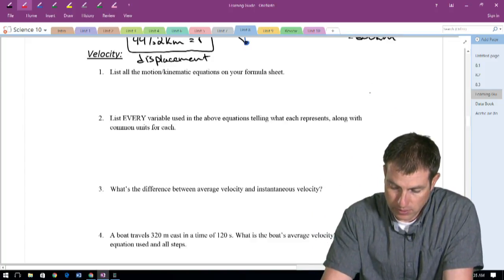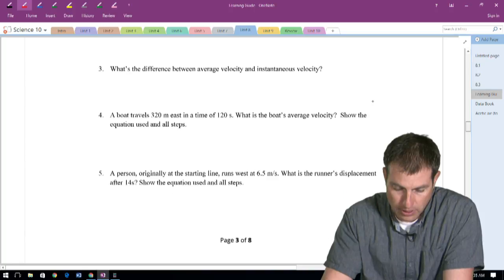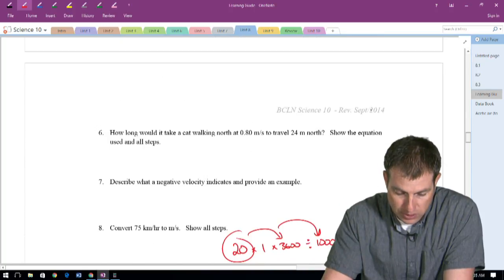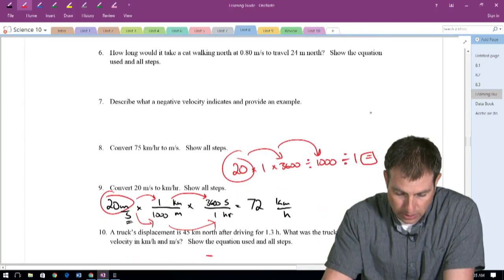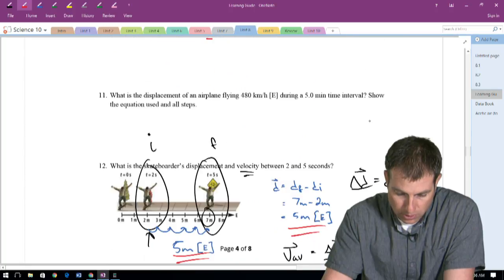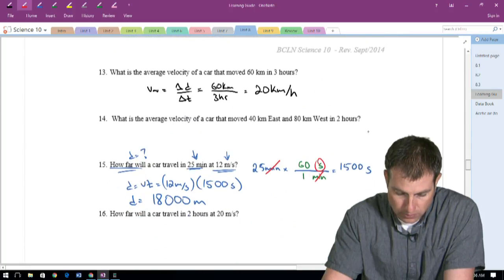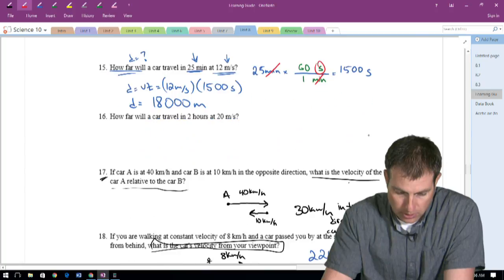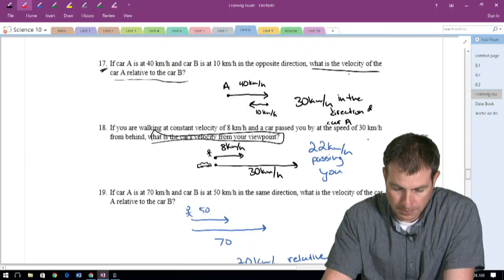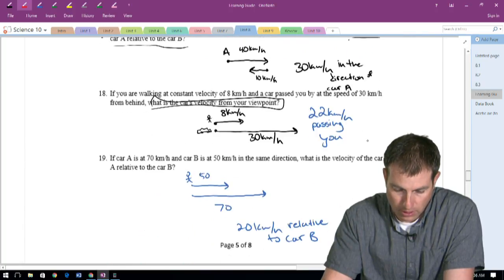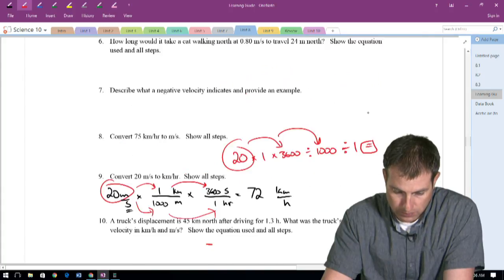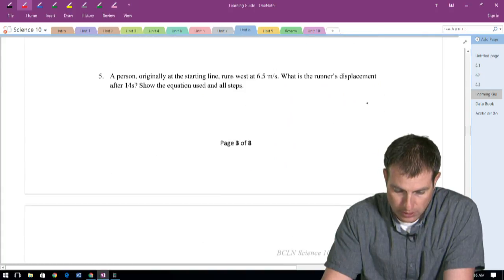Average velocity, instantaneous velocity, you guys can do that. And then questions 4 through 19 are all just sort of calculation type questions.